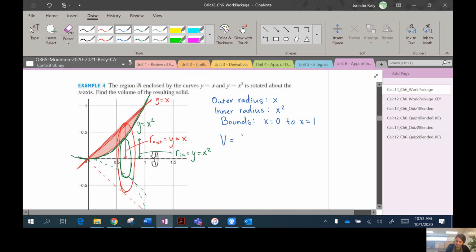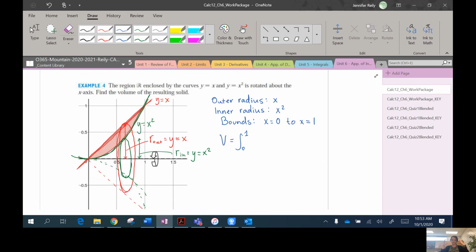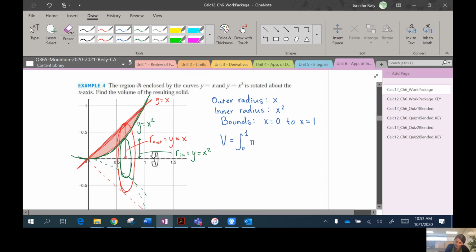So my volume is going to be the integral from x equals 0 to 1 of the outer circle area minus the inner circle area. That's how we get the area of the washer. So it would be pi times r out squared, the outer circle area, minus pi times r in squared.